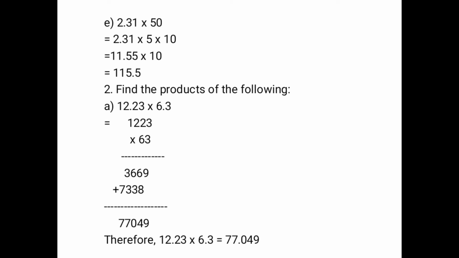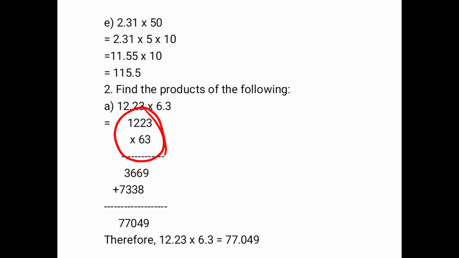Again, question number 2. Find the products of the following. Here we have 12.23 into 6.3, right? So you just remove the points. After removing the points you multiply it as usual.